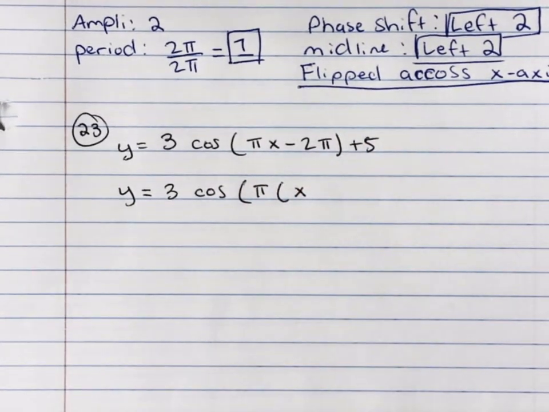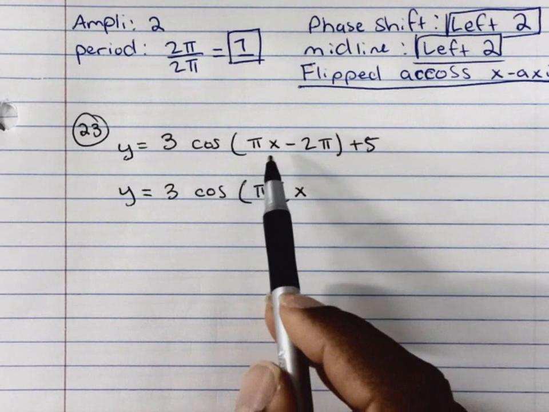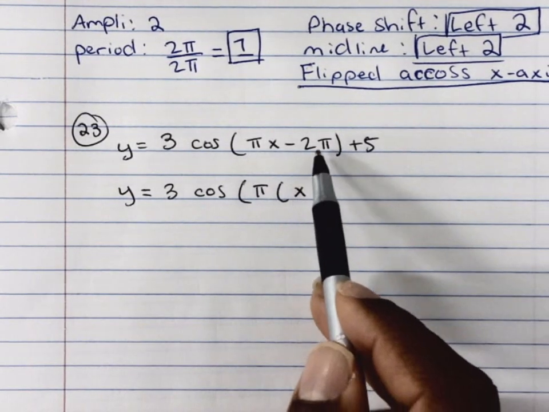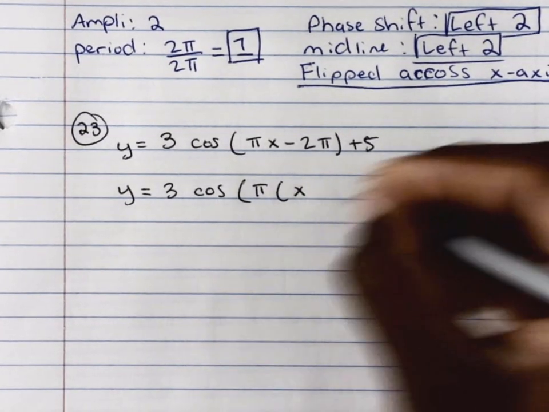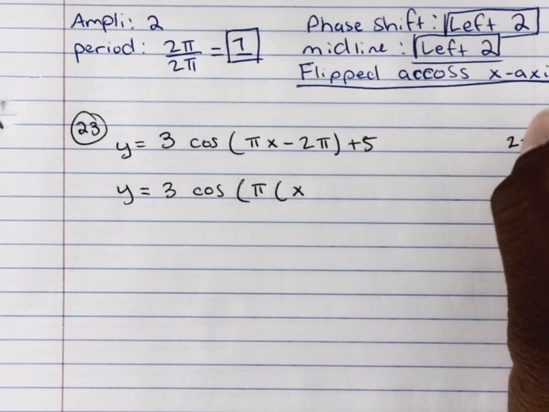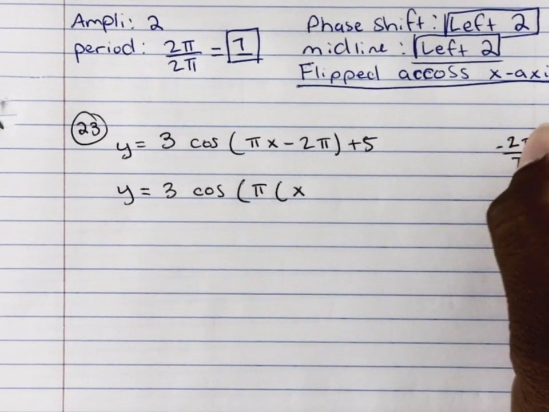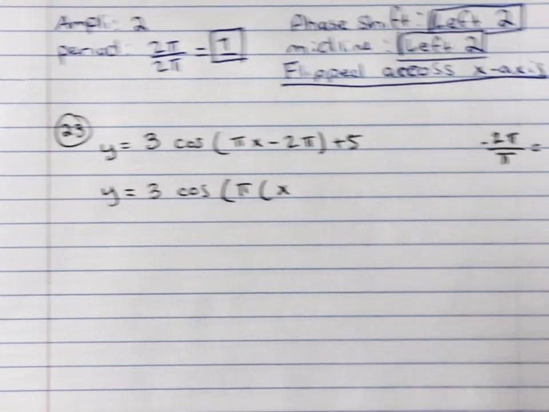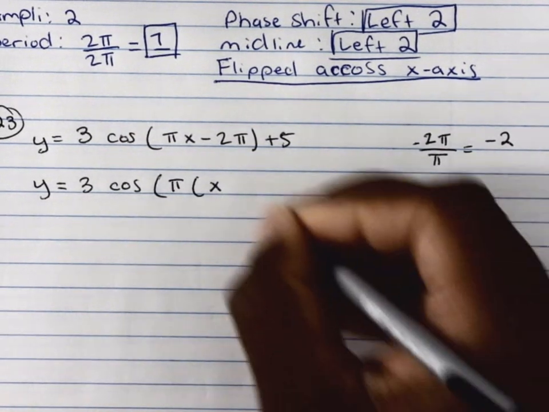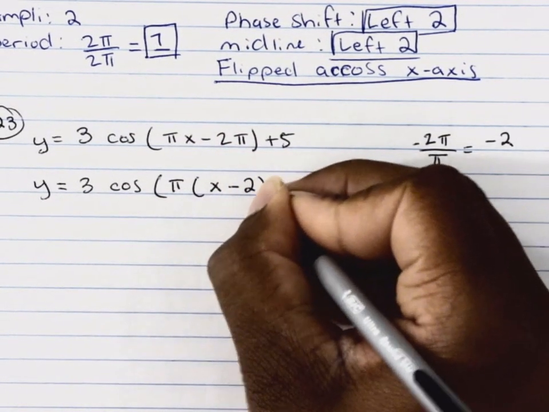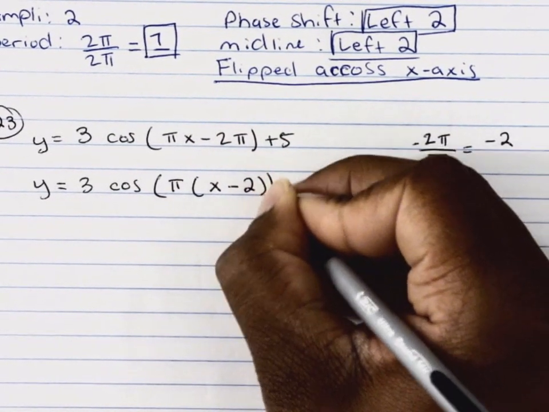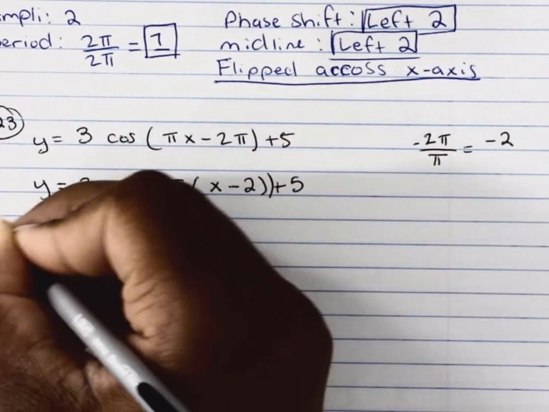That leaves x. I would have divided by pi to get x by itself, so I'll divide this side by pi. So basically -2 pi divided by pi will come out to equal just -2. So on this side I get -2, close parentheses, plus 5.